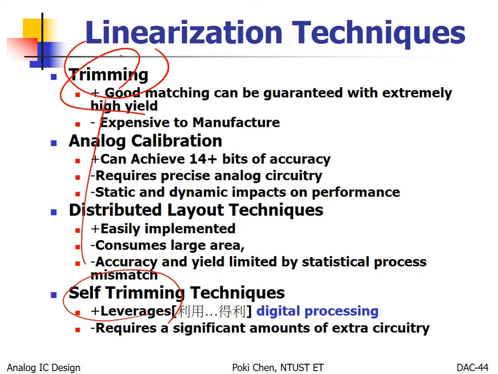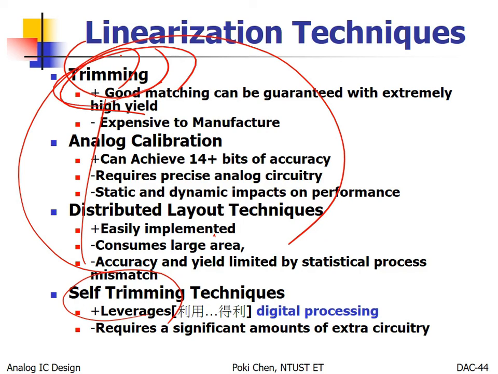Got it? That is a good way. I cannot say the best way, but a good compromise among all of them. Too expensive, right? And this one too complicated for circuit design, and this too complicated for layout. So a good compromise is to trim it by the chip itself after power on, to make everything good enough.